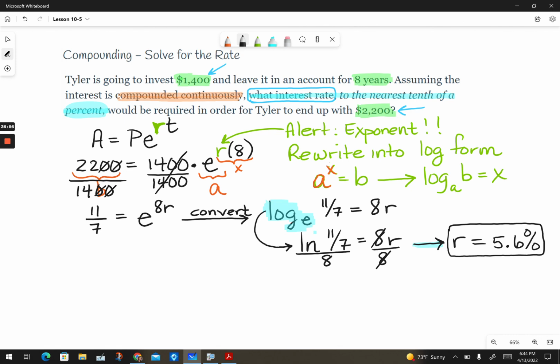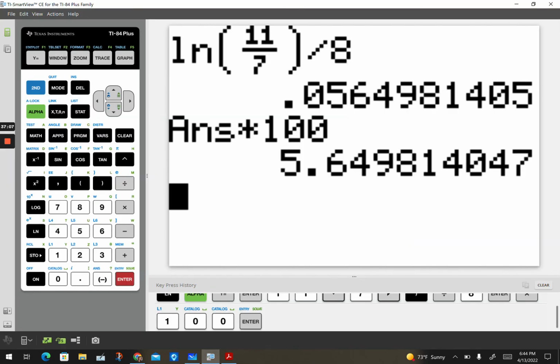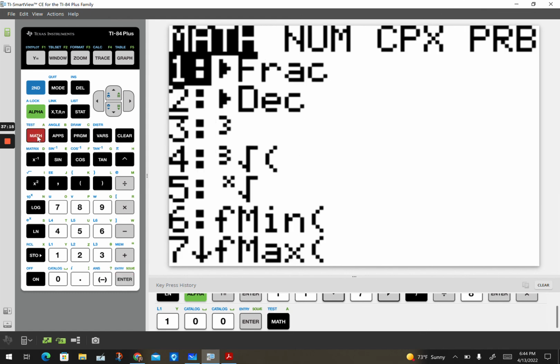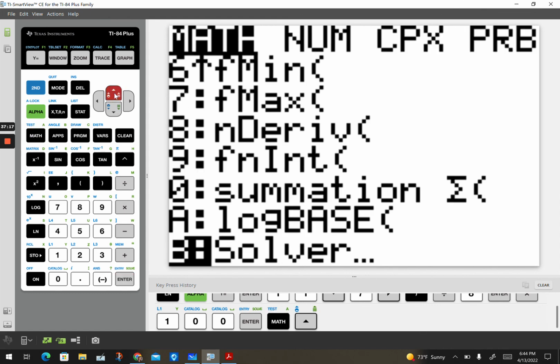Since it's in blue, you have to hit second and then the division button, and notice there's your E. Then I'm going to arrow over, and the fraction was 11/7. So I'm going to do alpha y equals, so I can type 11 over 7. And after all of that, we still had to divide by 8.